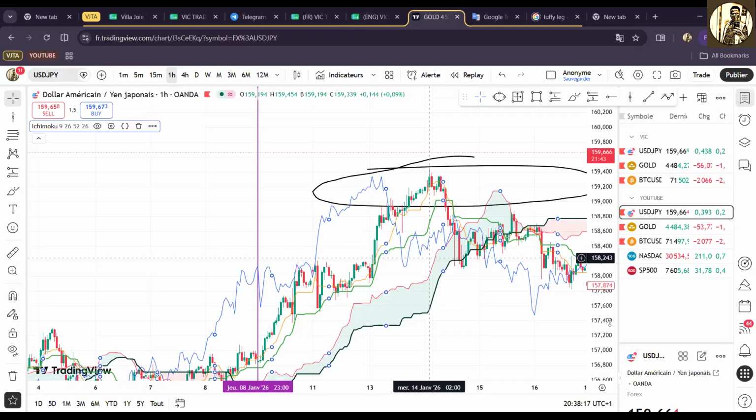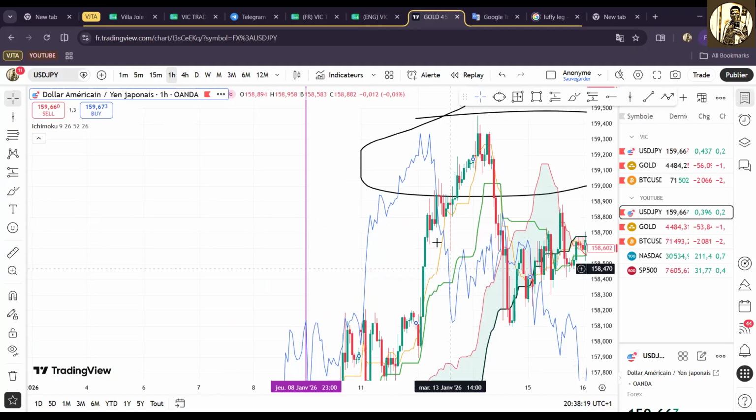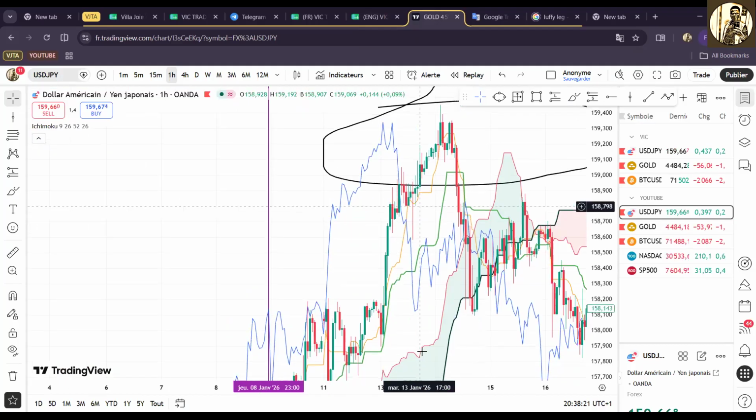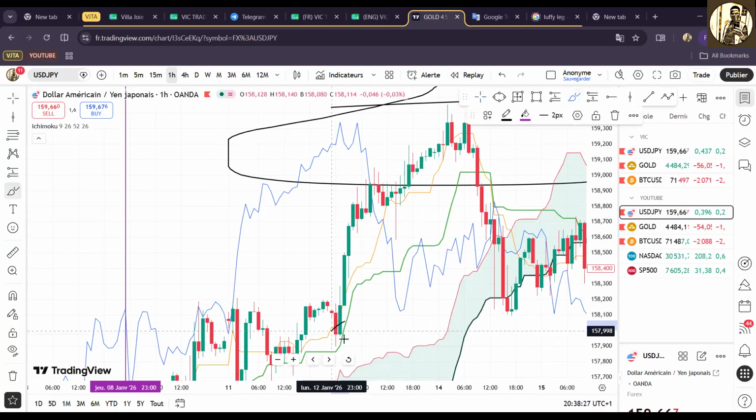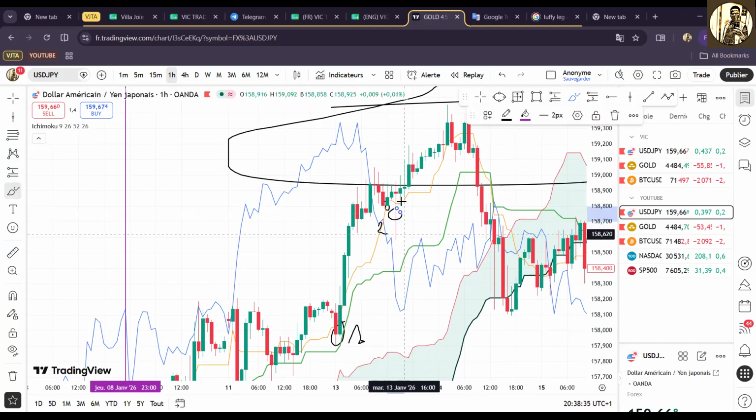So you look, for example, when we were inside the void, inside the empty space on H1 on daily, you see Tenkan, the first Tenkan setup on H1 now is this one. Then the second one is this one. Then the third one is this one. Then the fourth one is this one.